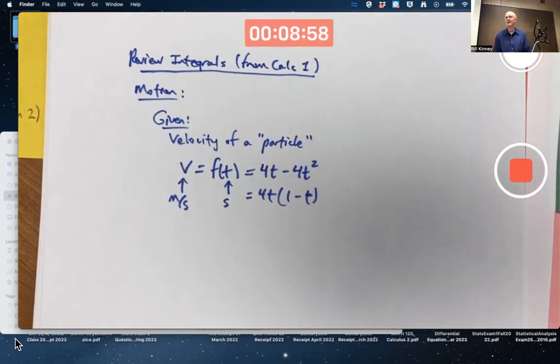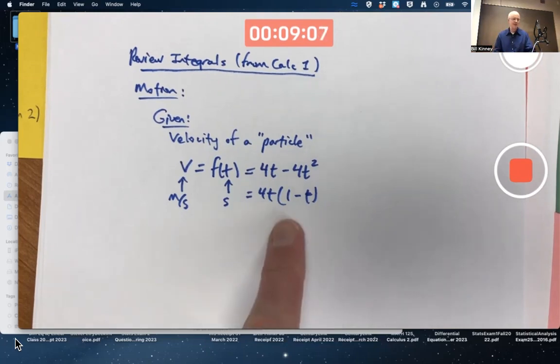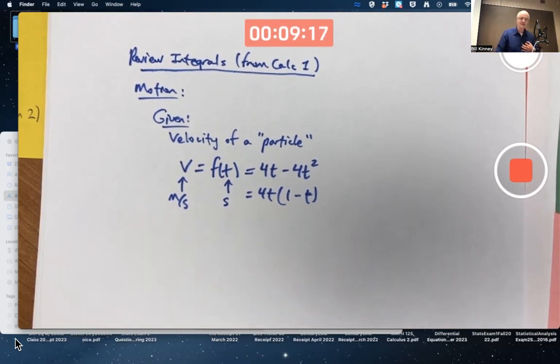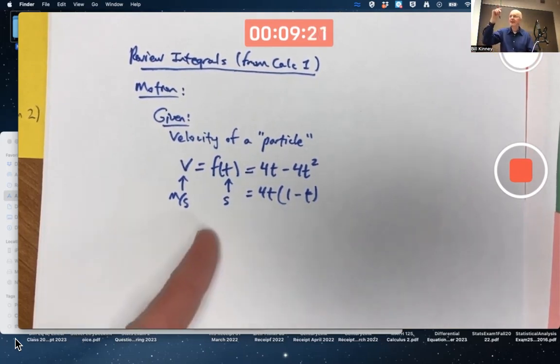When t is 0 or 1, that's where the graph's going to touch the horizontal axis. It also happens to be the case that the maximum value of this function is 1 when t is a half. The graph looks like this. I will graph it. It's got a maximum value at t equals a half. So that's another nice property. A maximum value of 1 meter per second, in this case, when t is 1/2 second.